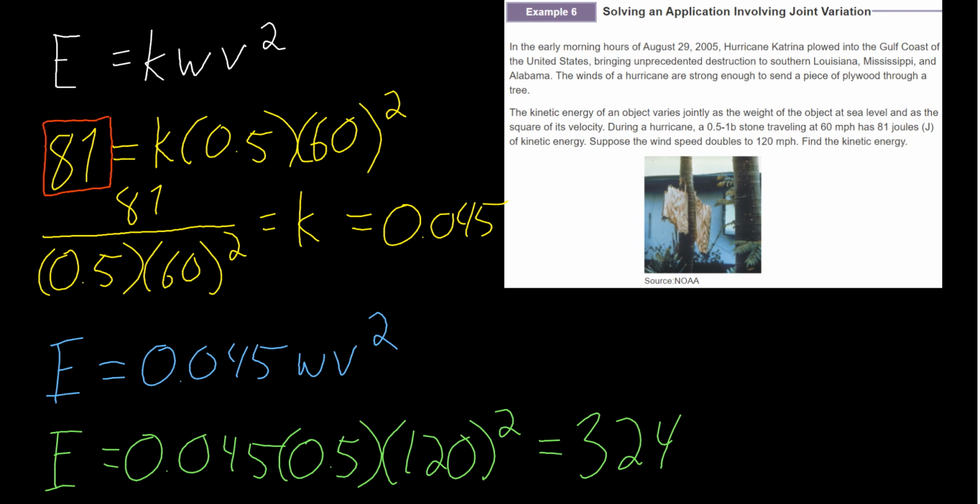But when we doubled the speed, our energy quadrupled. So we doubled the speed, but our energy quadrupled. So that just shows the variation of that.